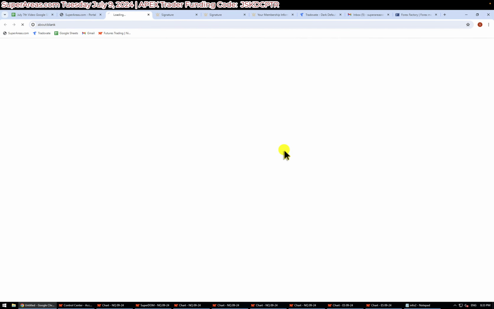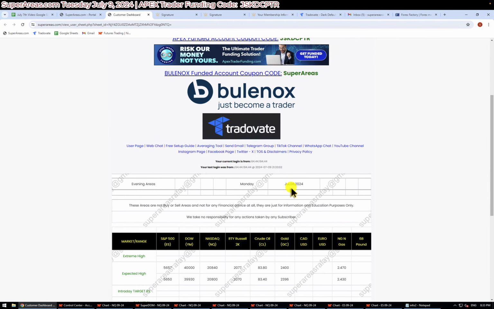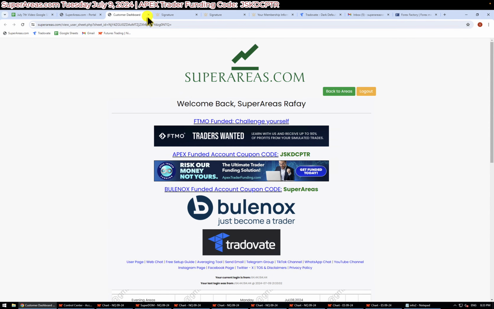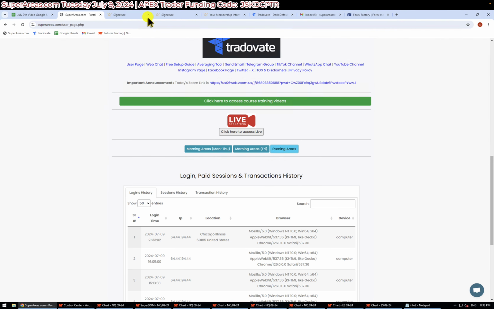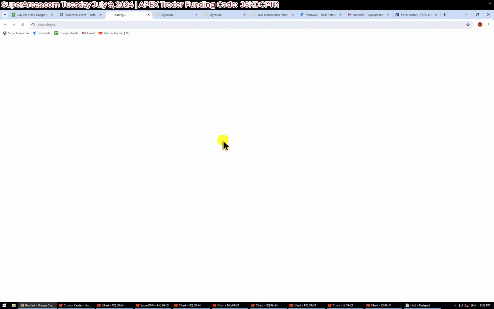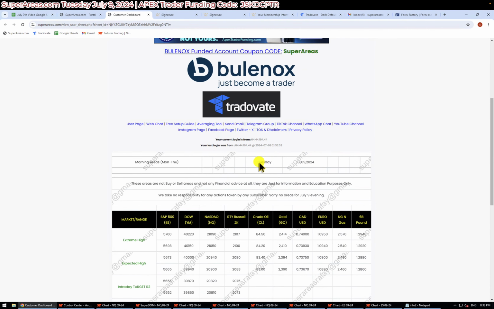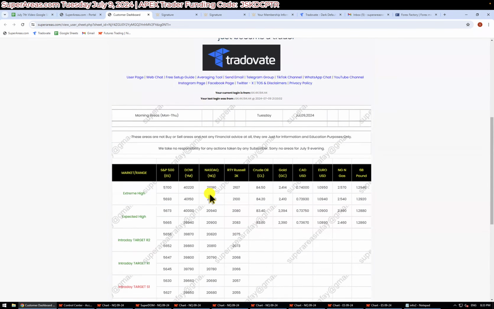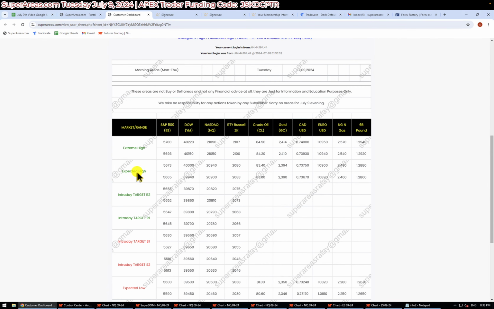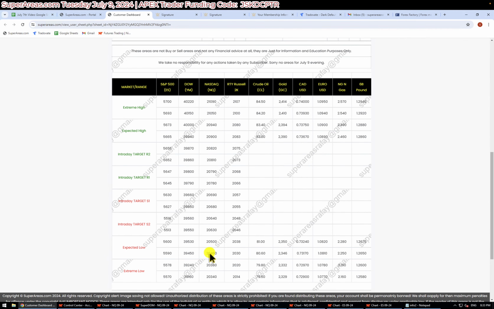The evening areas should be updated. I'm not sure, this is still not updated yet. So let's go back and look at the morning areas that will get updated on Wednesday, Thursday. You may already know if there's a spike, sell from the expected high. If there's a downswing, my software predicts for 10 markets every day for the last 10 years. Of course, these are not buy and sell areas, not financial advice, just educational.